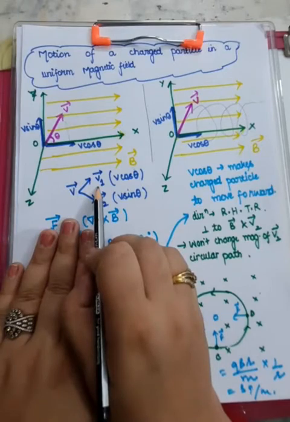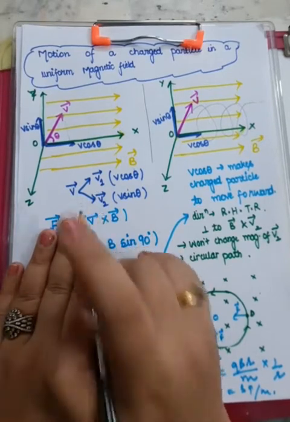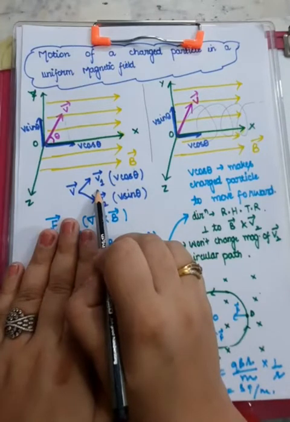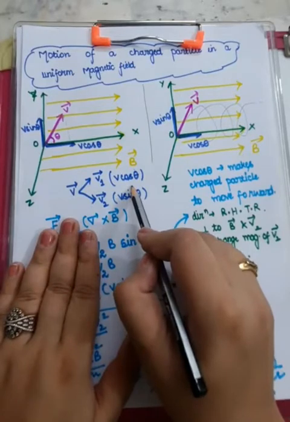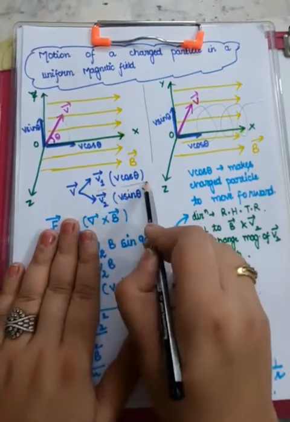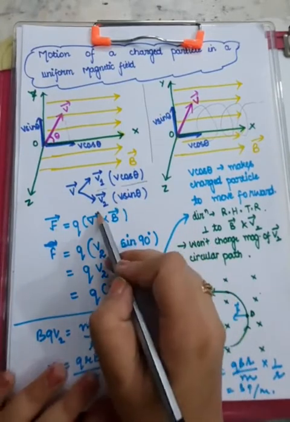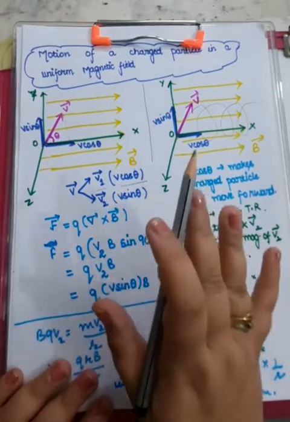First one is v1 vector, second one is v2 vector. The component v1 vector is v cos theta. I have given them two names. Similarly, the other component is v2 vector, which is v sin theta.